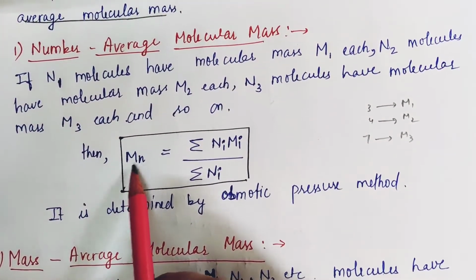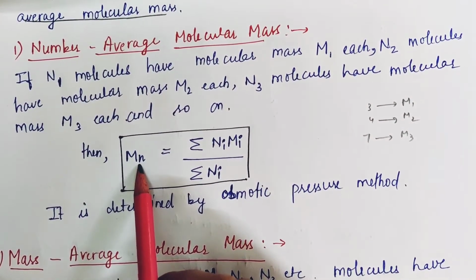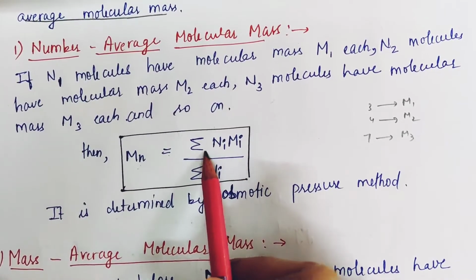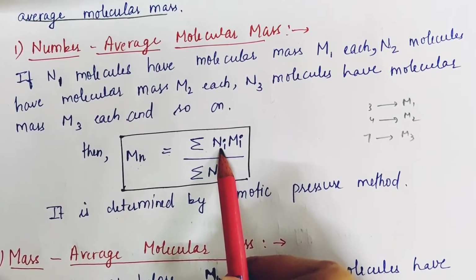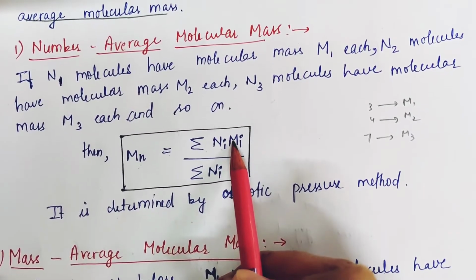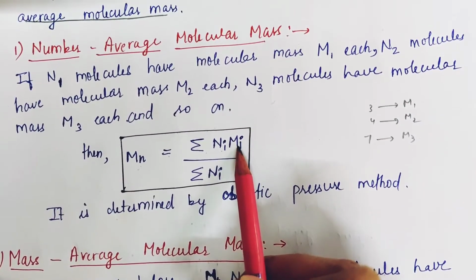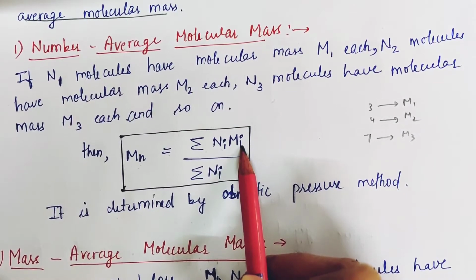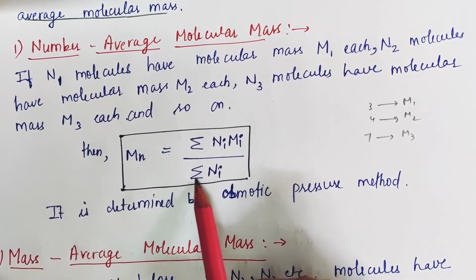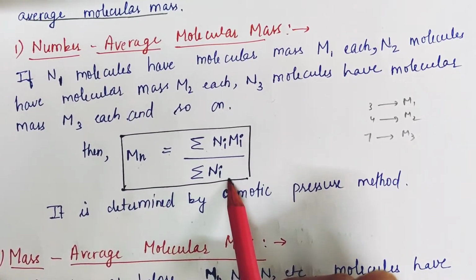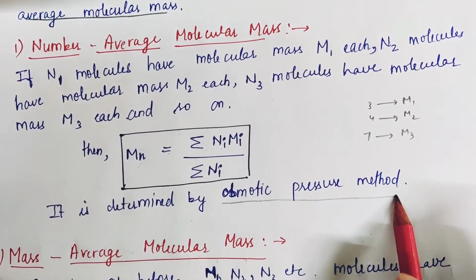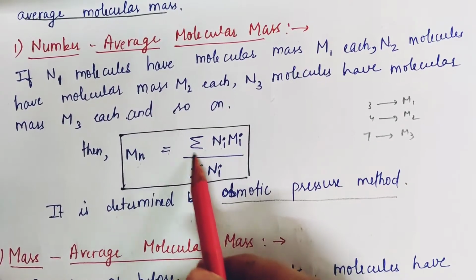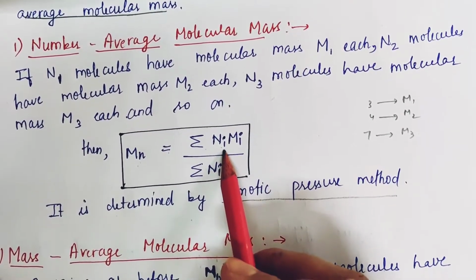This is number average molecular mass of the polymer equal to summation of product of number of molecules into their corresponding molecular mass divided by total number of molecules. It is determined by osmotic pressure method.